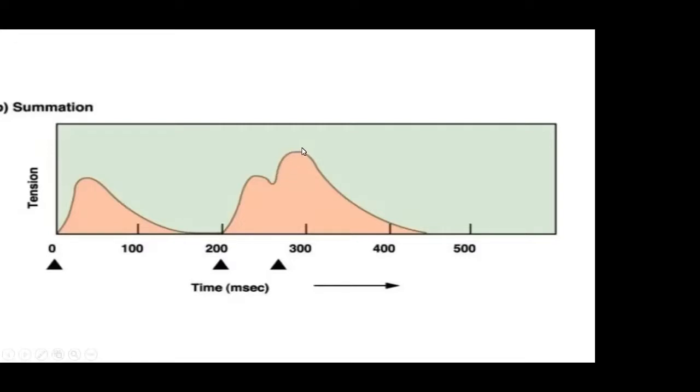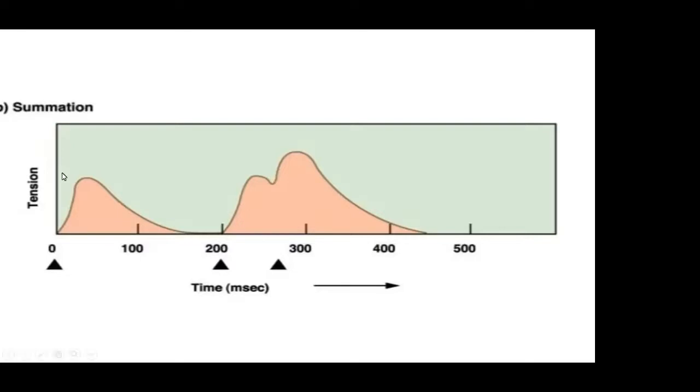And the effect of the second stimulus, you can see the height of contraction has increased. This is known as superimposition, or incomplete summation of waves. The height of the second wave is greater than the first one. This is again due to the beneficial effect.